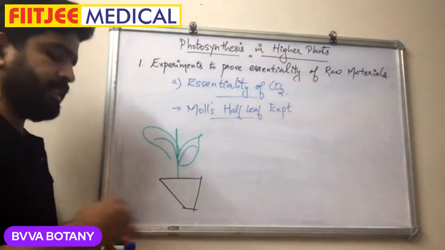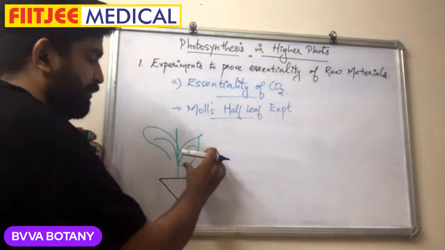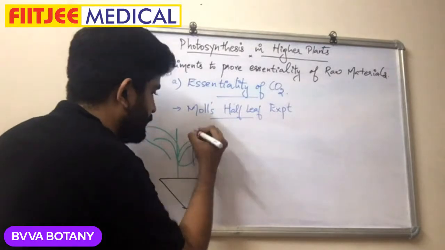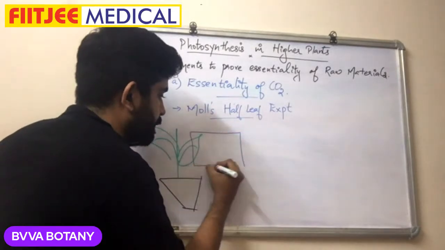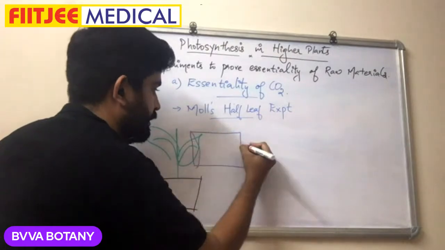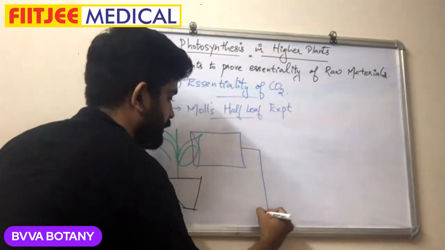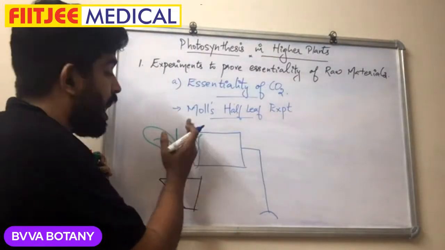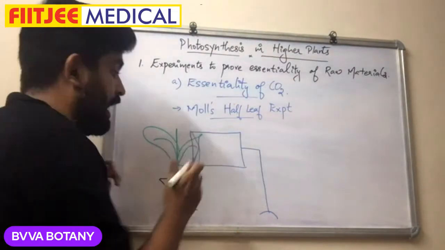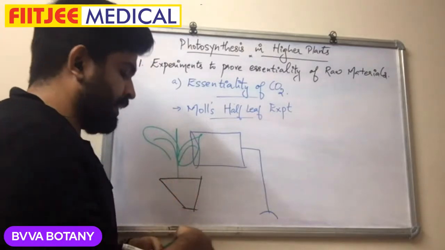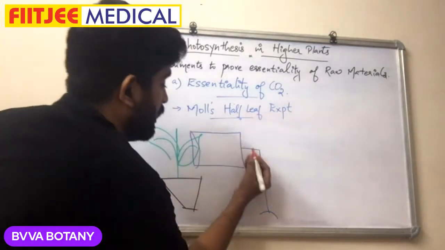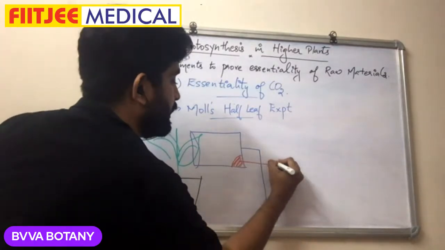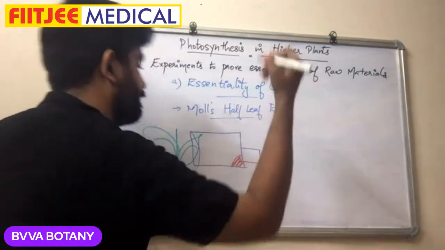Now, the leaf of this potted plant is inserted into a jar, and it is completely insulated. Half of the leaf is inside, and this jar contains cotton soaked in KOH solution.